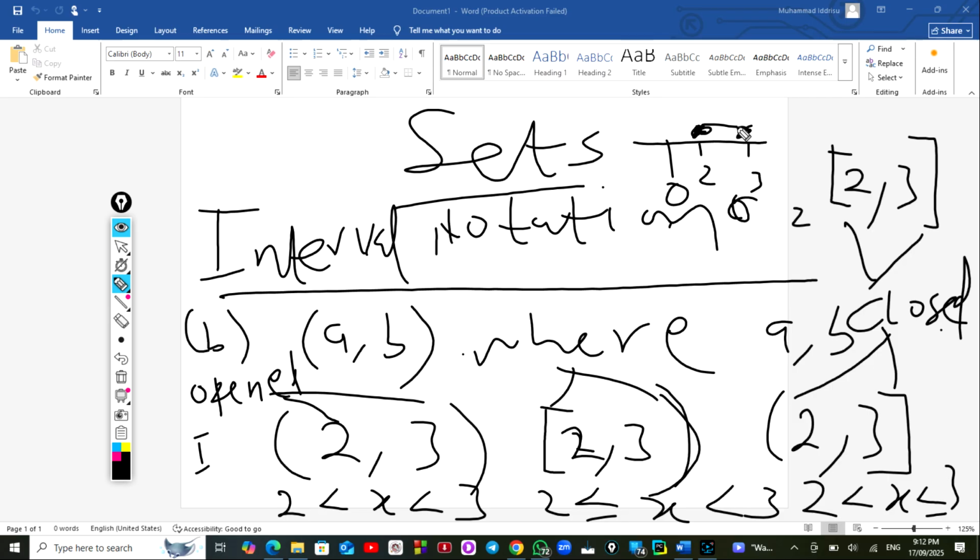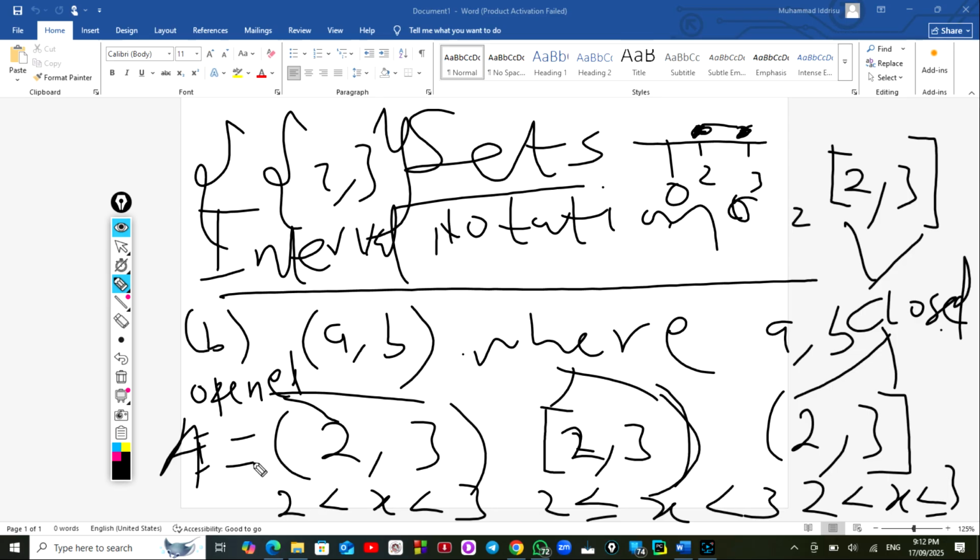What I want you to take away is that if I have the set with curly brackets {2, 3}, it means it contains only 2 and 3. But if I have a set A equal to the normal brackets (2, 3), it doesn't mean that it contains only 2 and 3.